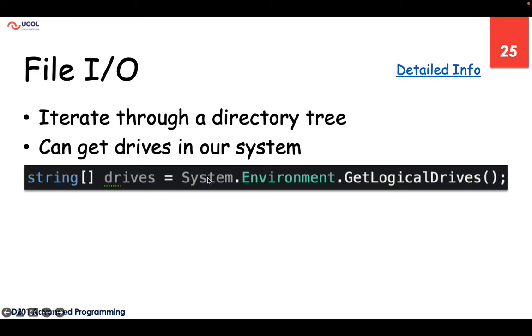We have the System library, in the System we have the Environment class, and in the Environment class we have the GetLogicalDrives method. This method must be static, because we are not creating an object of the Environment class. We are just saying that in the System library we have the Environment class, which has a static method GetLogicalDrives, and we are using it without creating an object. Static methods can be accessed that way, and we discussed that in lecture number 2.